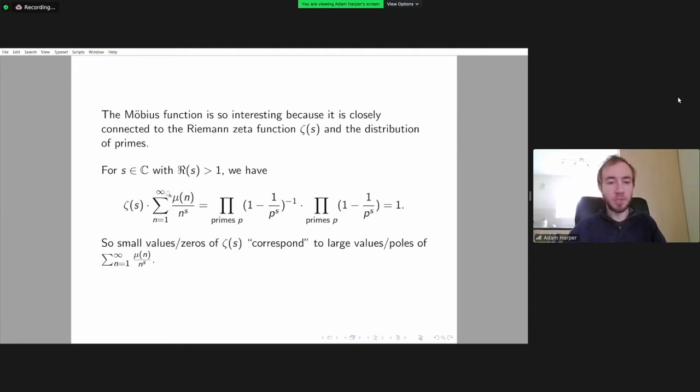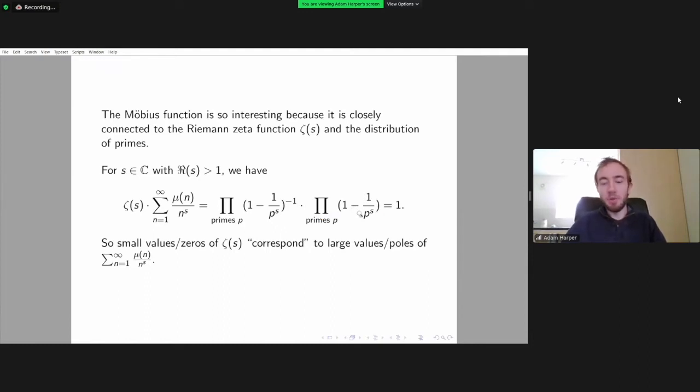And this converges absolutely when the real part of s is strictly bigger than 1. You can multiply this by the Riemann zeta function. And if the real part of s is strictly bigger than 1, the Riemann zeta function is given by an Euler product, the product over the primes, this. And you can show that the Dirichlet series with coefficients mu is also given by an Euler product. It's given by this product over primes.